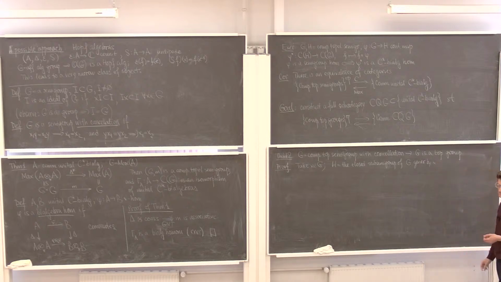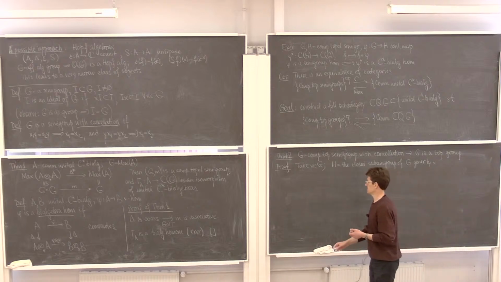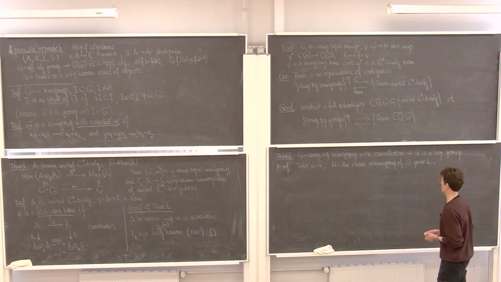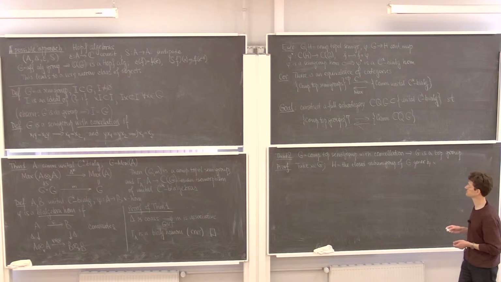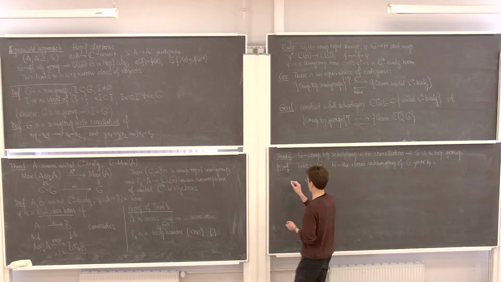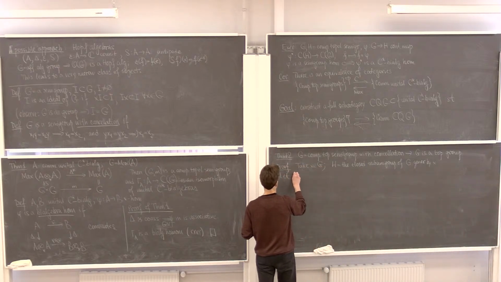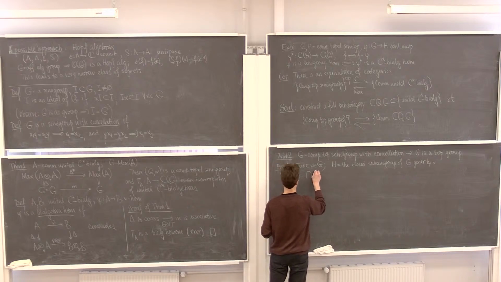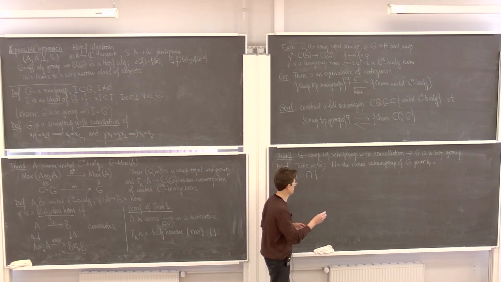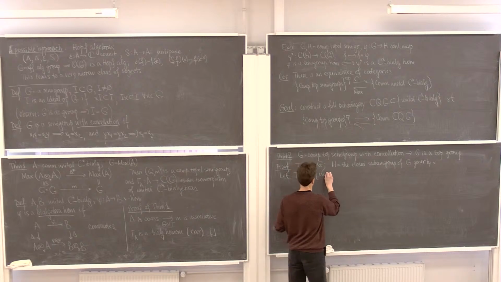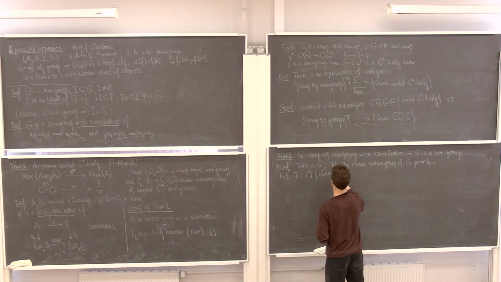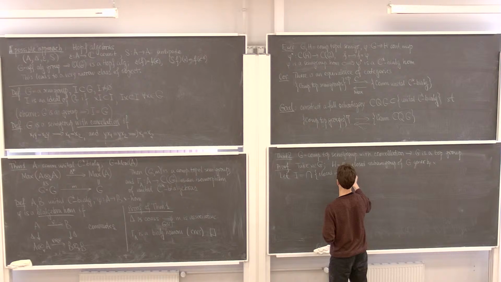So it is a commutative sub-semigroup of G. Basically, this is the closure of elements of the form x to the power n. And let's also introduce the following set. Let I denote the intersection of all closed ideals of H.